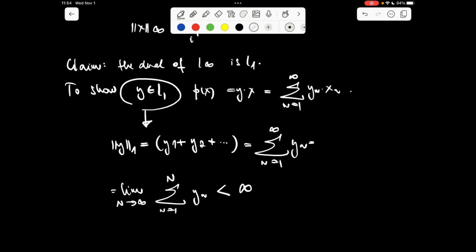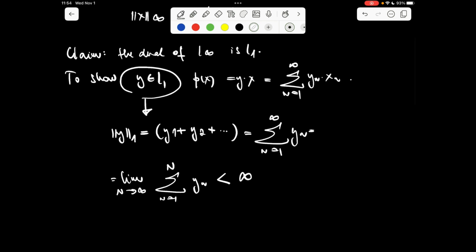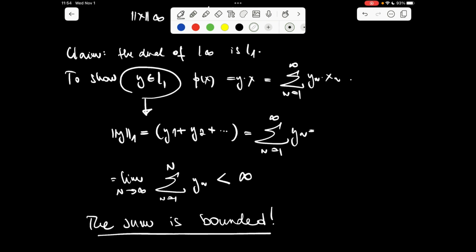So this is an infinite sequence, the elements of which give a bounded sum. So the sum is bounded. Okay, this is the point.